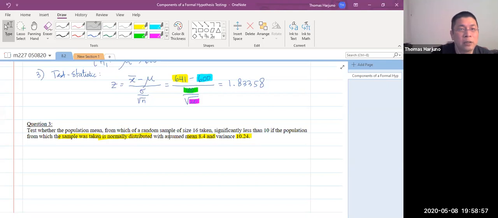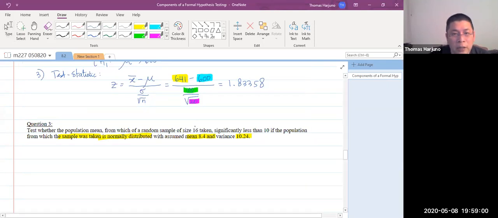Let's see. I need to dissect this. This 16 refers to my n. The population variance is assumed to be 10.24, not standard deviation.